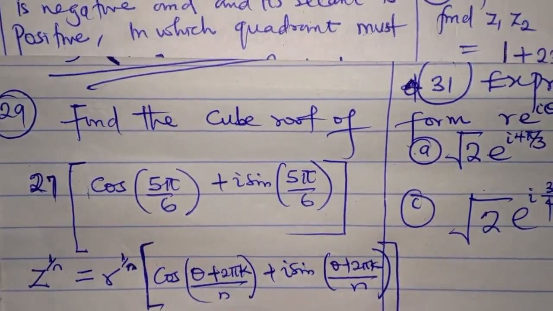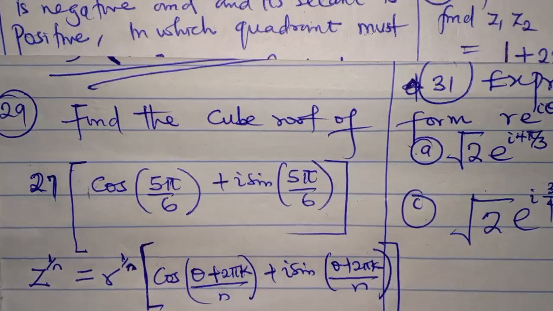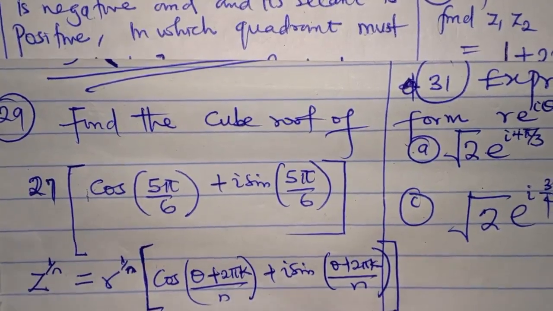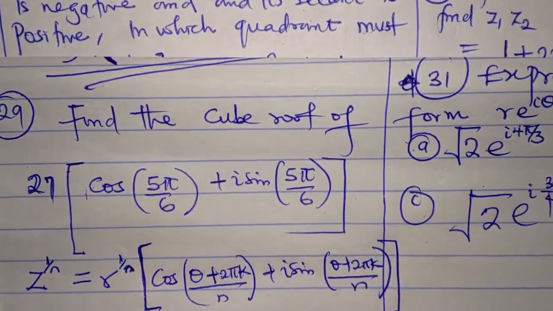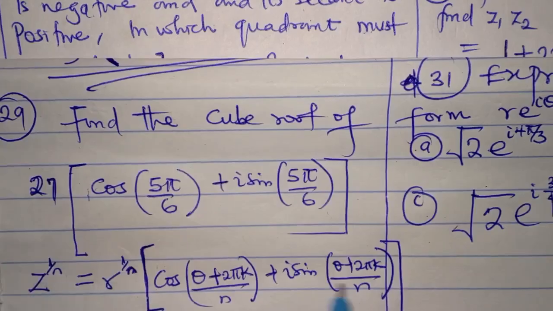Since it is cube root, we start from k equal to 0, k equal to 1 and k equal to 2. That's where we stop. So when we plug in different values of k into this equation now, we are going to get 3 different complex numbers. Each of them is a cube root of the original complex number.